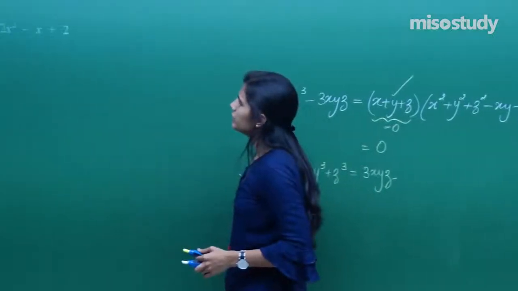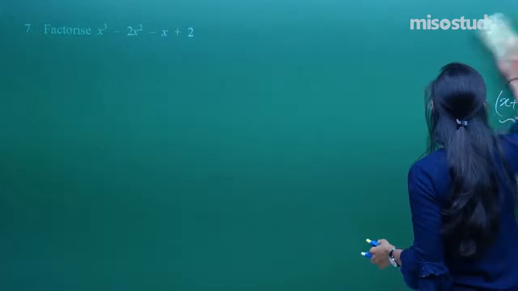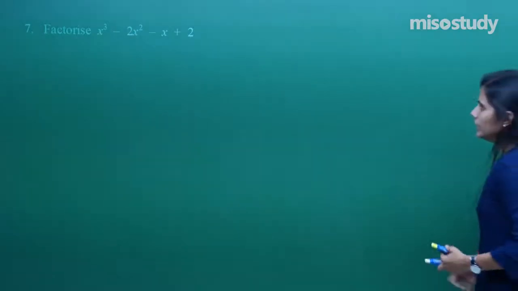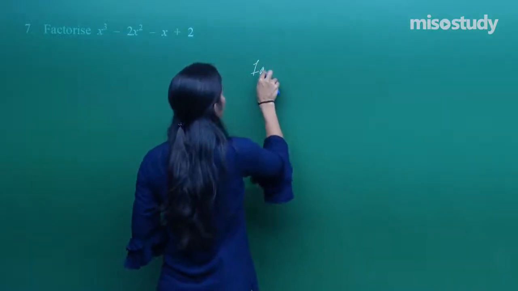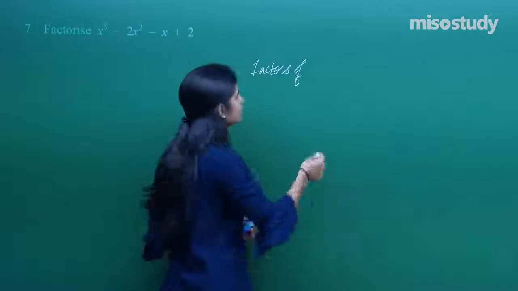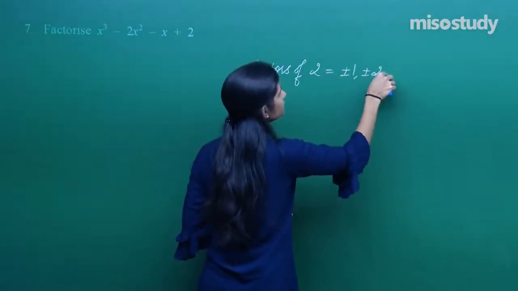Next we have, factorize this polynomial of degree 3. Now the moment I have this, you should remember what we have done regarding the integral root theorem. Here the constant term is 2. So all the integral factors of 2 are plus minus 1 and plus minus 2.